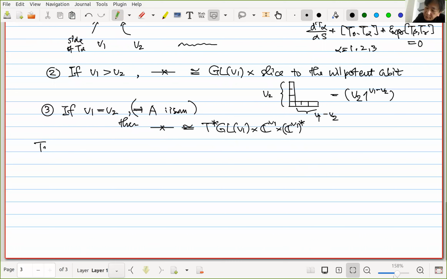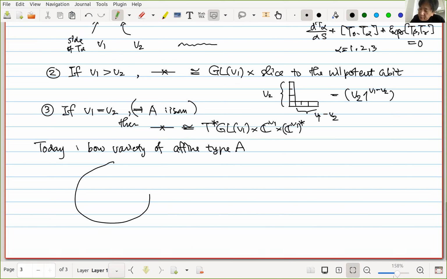Today I only consider varieties of affine type A. Formally, I can introduce a variety associated with an arbitrary diagram, but at this moment its relation to representation theory is not clear, so I only concentrate on the case of affine type A. So I draw the so-called bow diagram.